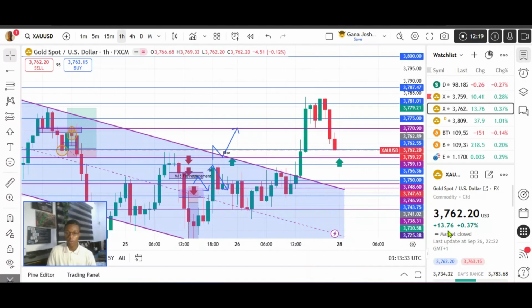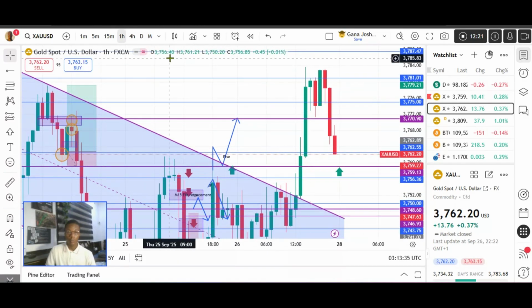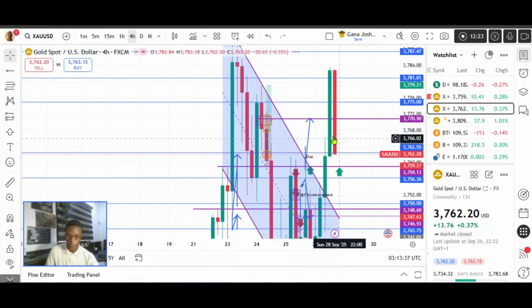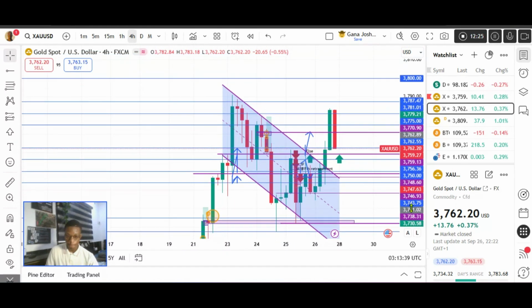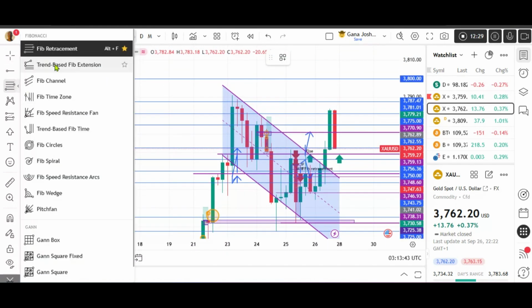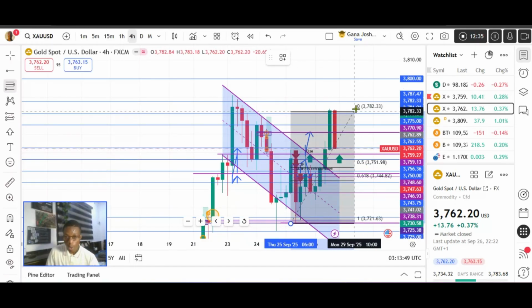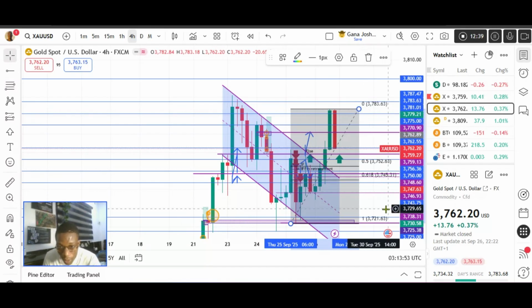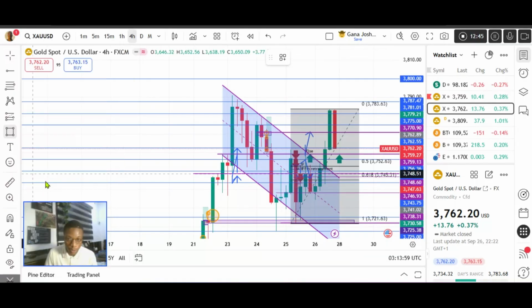Another thing I'll do, we'll look for the fib retracement. I've already marked it. This move to this move, you see, that gives us a range.